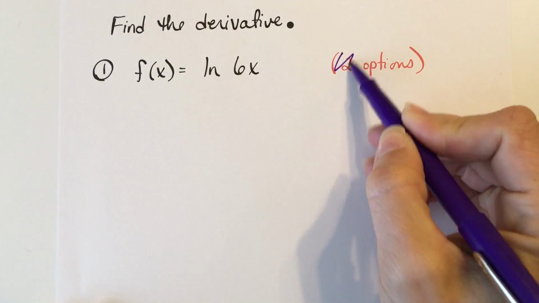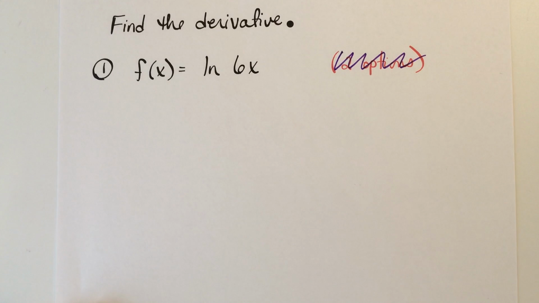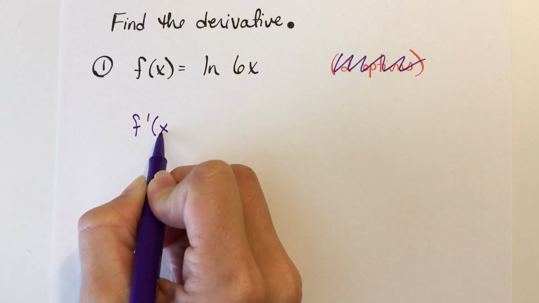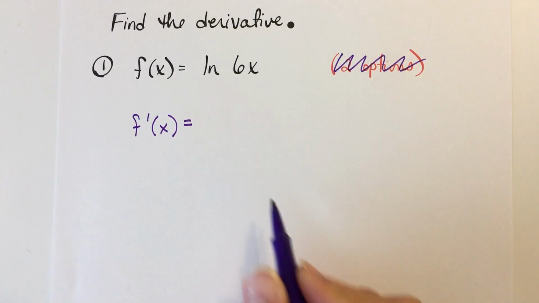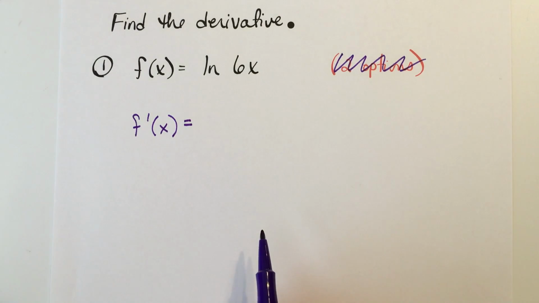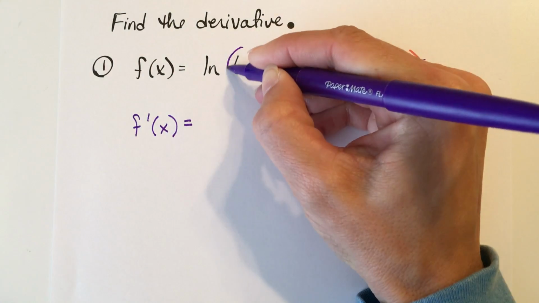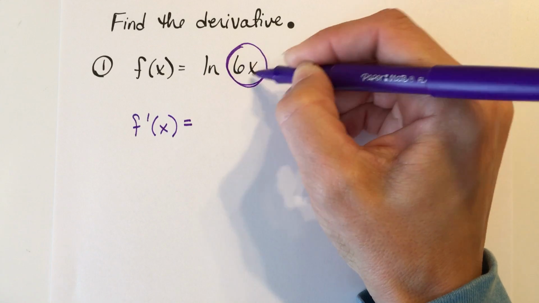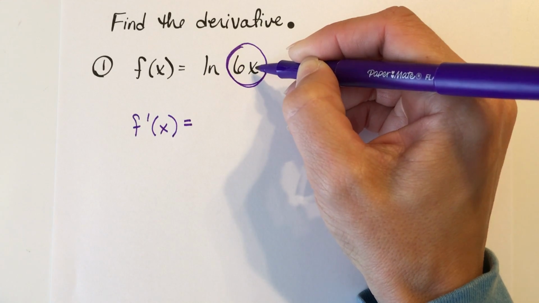Okay, so first example. We have f of x is equal to the natural log of 6x. Okay, so f prime of x. So we're finding our derivative. So I want u prime over u, okay? Now this is my u, this is my argument, okay? So my numerator needs to be the derivative of this.